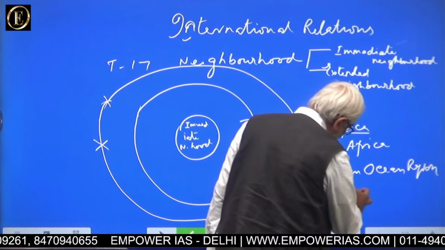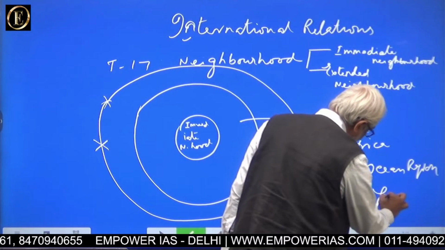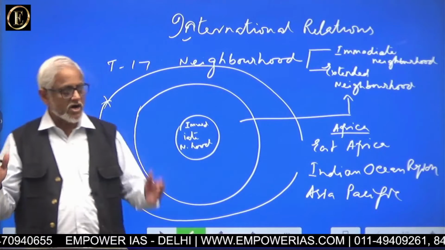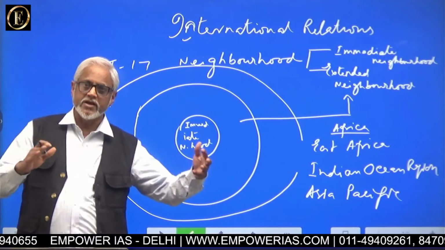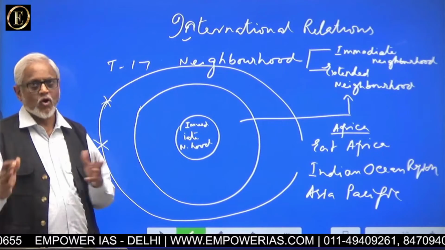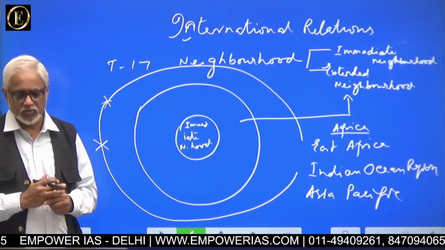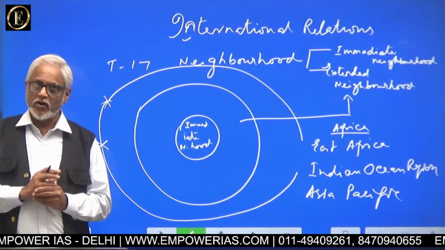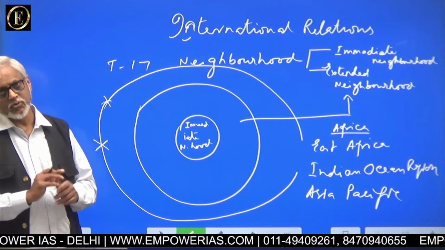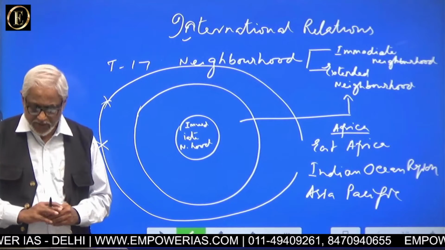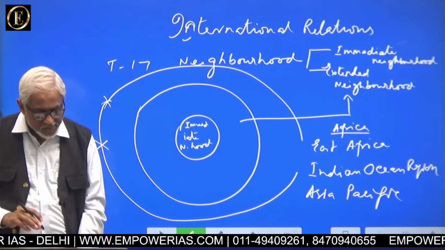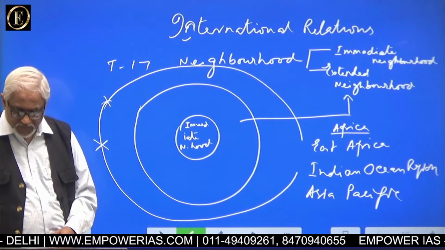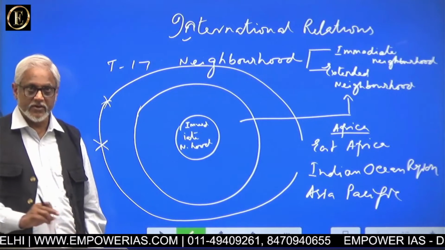Asia Pacific is a huge region which starts from Canada, America, to Latin America. All of it is definitely not extended neighborhood for India, but some of the countries falling within this area also come under the extended neighborhood. So these are the total areas of India's extended neighborhood.